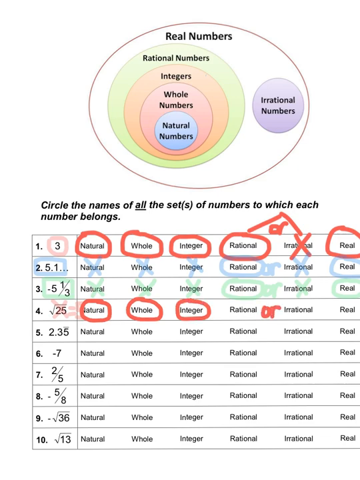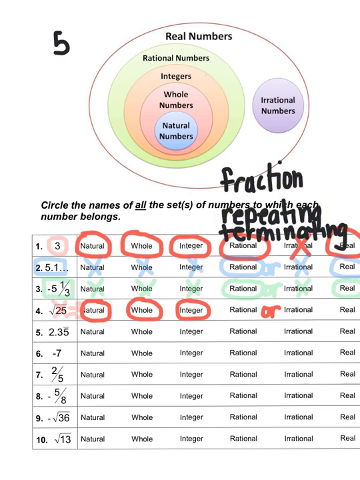Let's look and see, is it rational or irrational? Remember that rational numbers can be written as fractions, repeating decimals, or terminating decimals. So can 5 be written as a fraction? It sure can. It would be written as 5/1. Can 5 be written as a decimal?